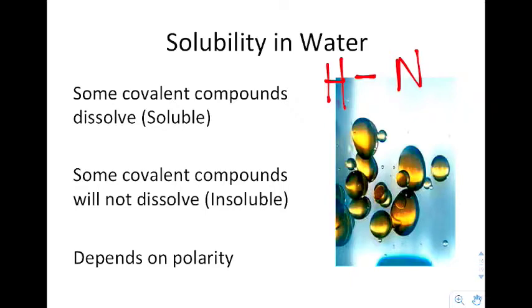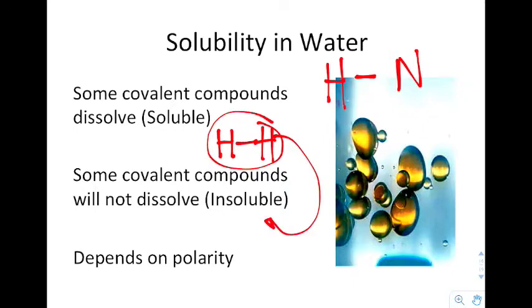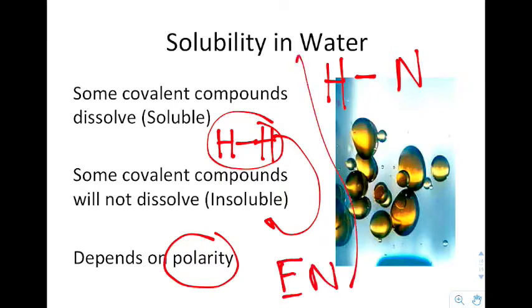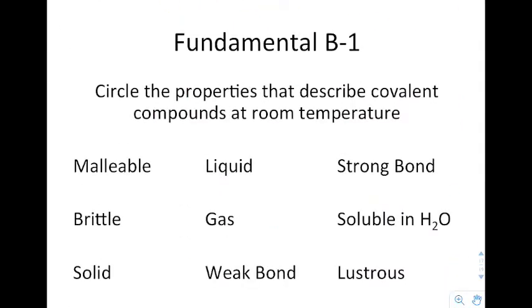But hydrogen bonded to hydrogen is not going to dissolve in water and is called insoluble. That's what we mean by it depends on the polarity. You would have to know a little more about electronegativity in order to predict whether something will be soluble in water. So it says circle the properties that describe covalent compounds at room temperature.